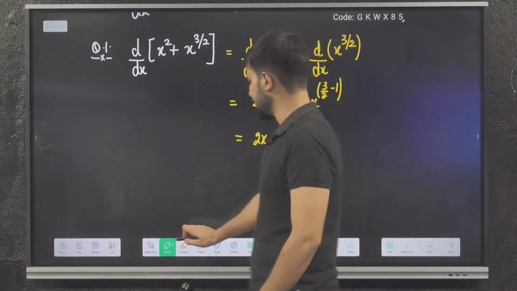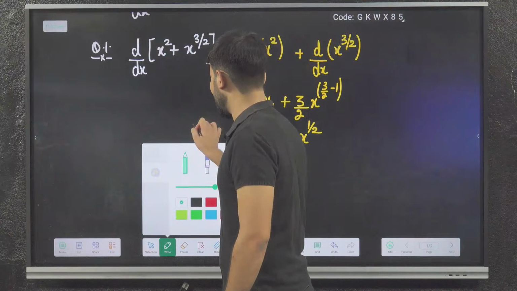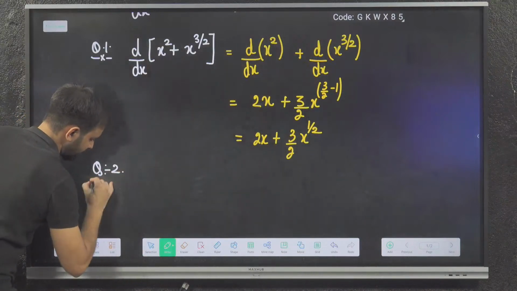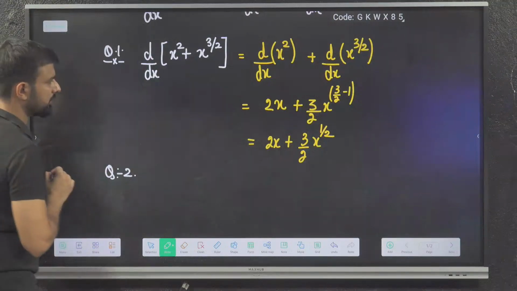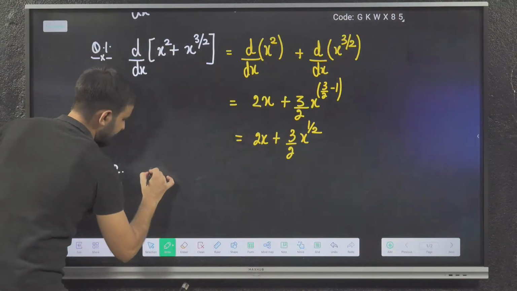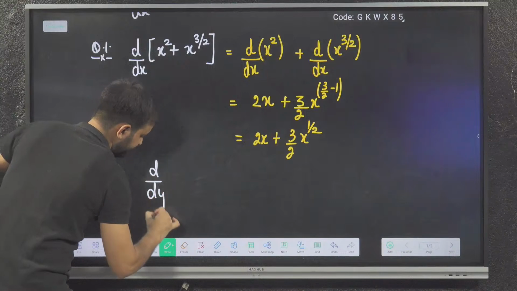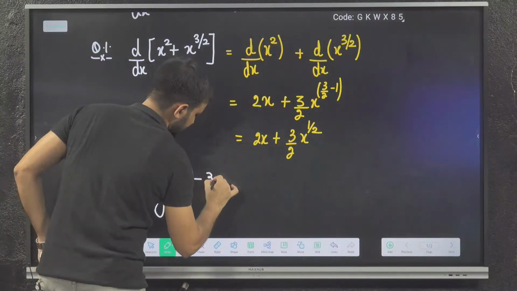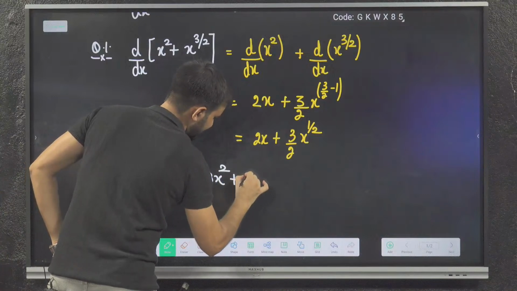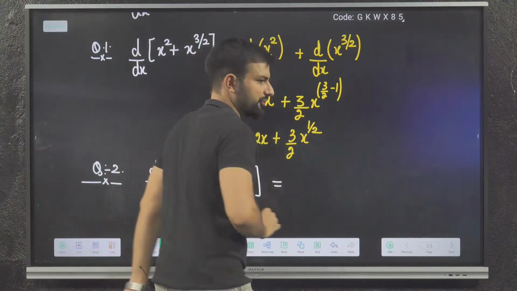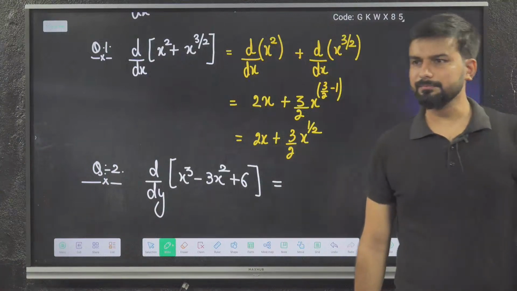So shall I ask one more question from you guys? Next question will be something like this. d by dx of x cube minus 3x square plus 6. Tell me the differentiation of this. Everyone solve it.